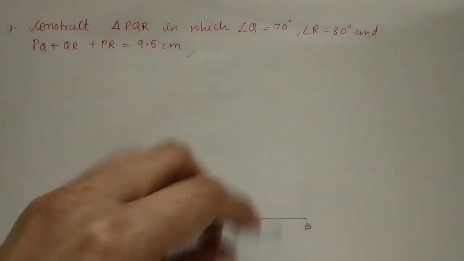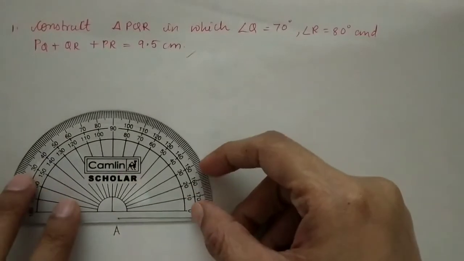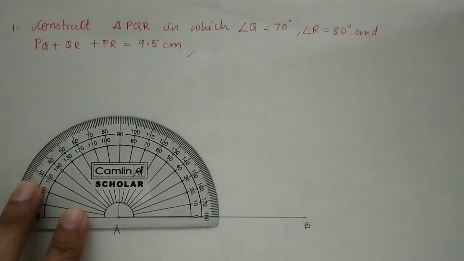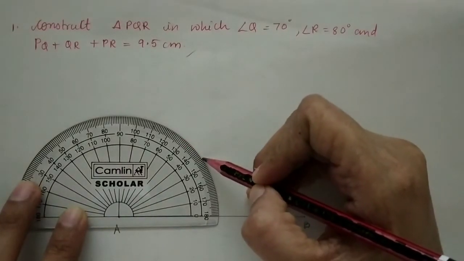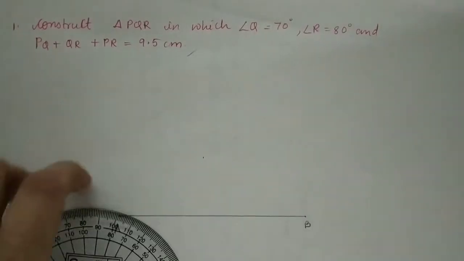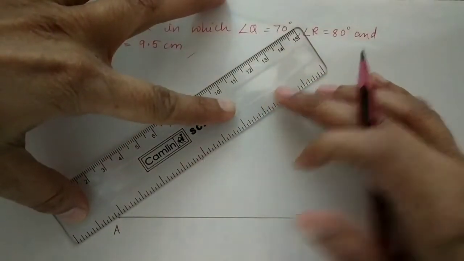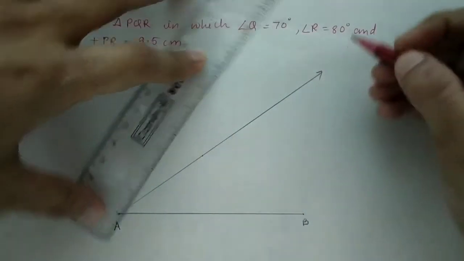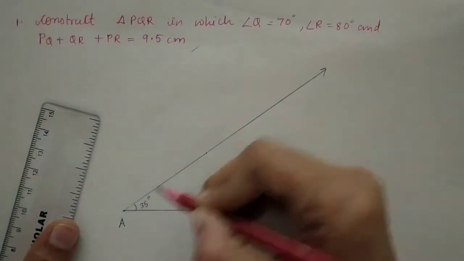So this is our protractor. Let us place it on A and draw an angle of 35 degrees. Q is 70, so we take half of it, which is 35. And we draw a ray. Similarly, we can write here, this is 35 degrees.